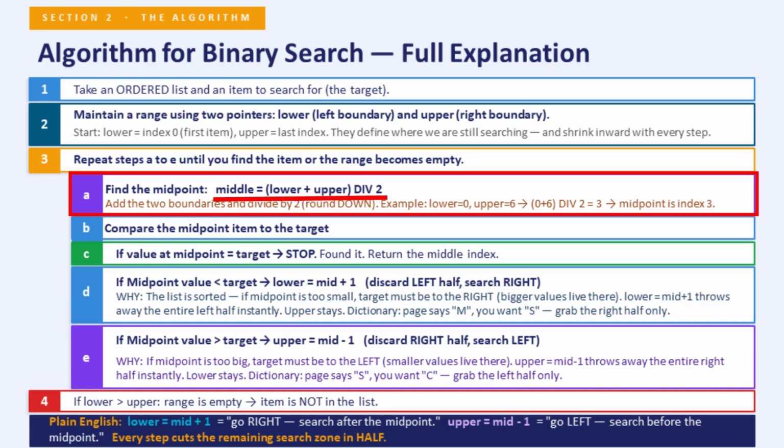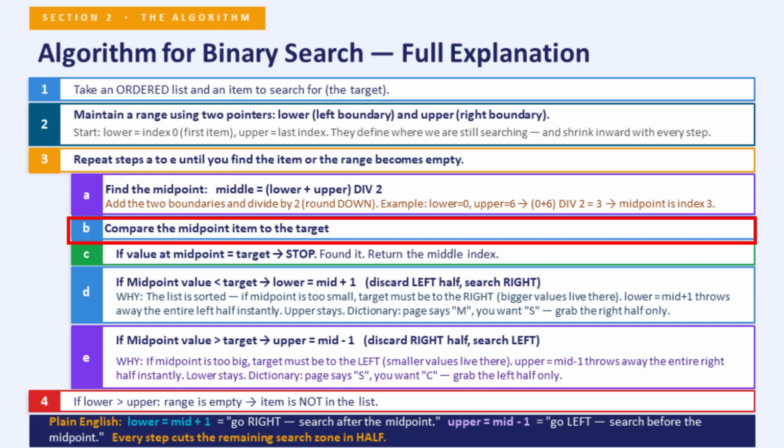If you add them together and divide by 2, you get the index exactly in the middle between them. For example, if lower is 0 and upper is 6, then 0 plus 6 equals 6, divided by 2 equals 3. So the midpoint is at index 3, the exact center of the list. Div means integer division. You always round down if the result is not a whole number.